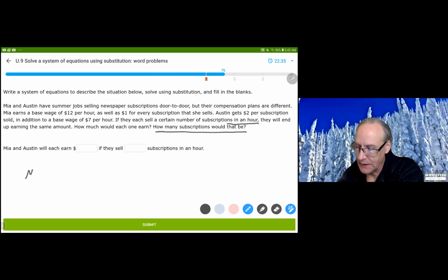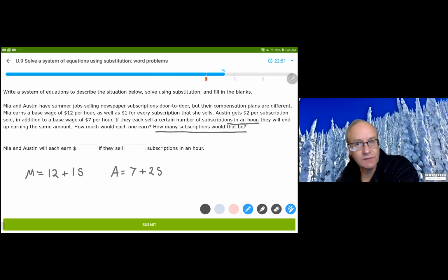So we want Mia to earn the $12 for the hour plus $1 for the number of subscriptions. And Austin gets paid $7 plus $2 for each subscription. And the interest is how many subscriptions in that 1 hour did they sell so that they're equal? And of course, we're going to have 12 plus 1s is equal to 7 plus 2s. We're not changing the hours, we're changing the number of subscriptions within a single hour.